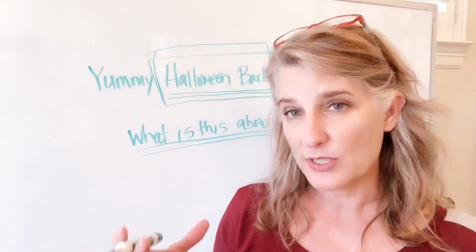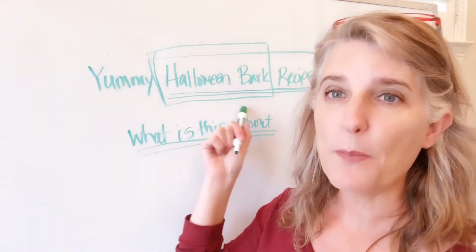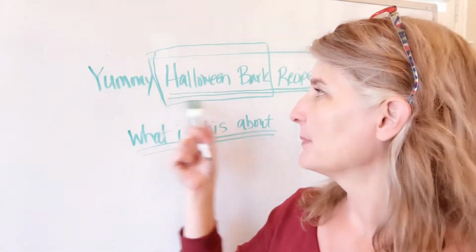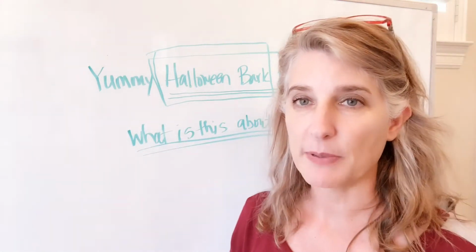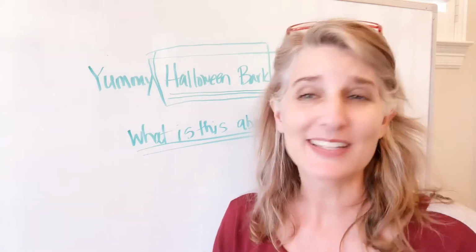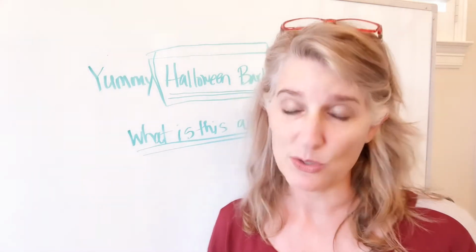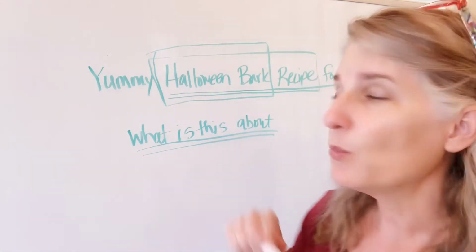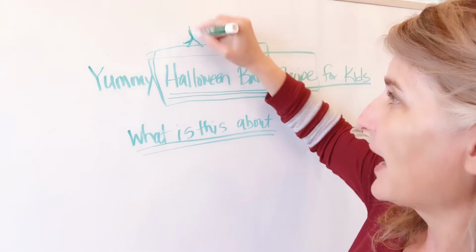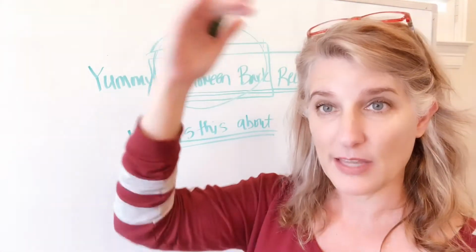Now, if a post has no traction, like if nobody's ever linked into yummy Halloween bark recipe for kids, it's been on the blog for 12 years and no one cares about it, no one loves it, probably has bad pictures, so nobody shared it on social media, would we ever be able to rank for Halloween bark as a keyword phrase?